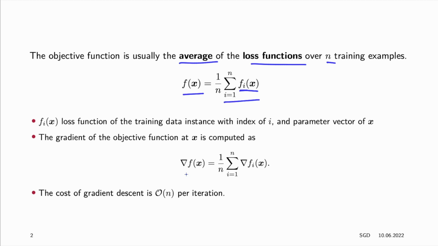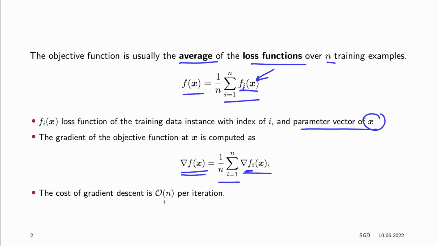Similarly, if you compute the gradient, it becomes the average over the gradients of these individual f_i's. All of these f_i's take the same parameter vector x, but they each yield the individual loss and individual gradient for one training example, and the complete gradient is the average over all of these gradients.